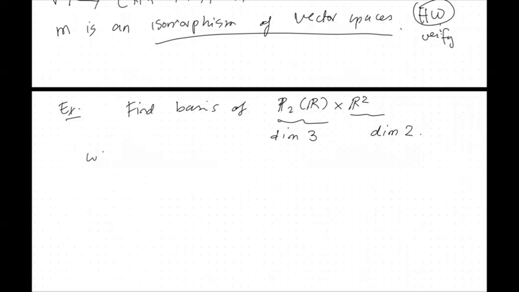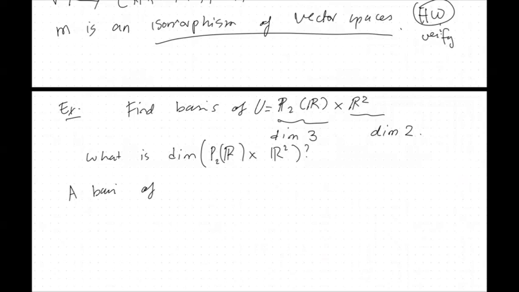What should we expect the dimension of the product P2(R) cross R2 to be? Let us consider a basis, and let's call this space U.